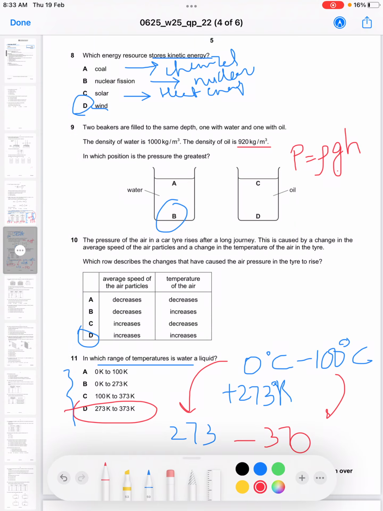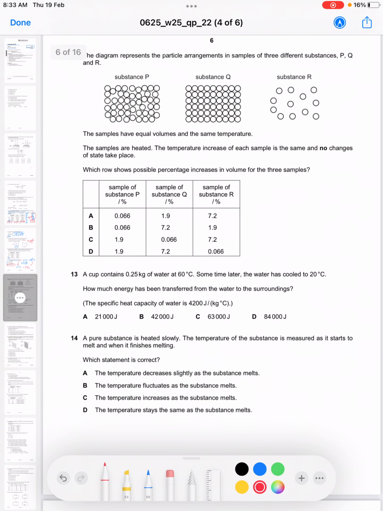Okay, now move to question number 12. The diagram represents the particle arrangement of a sample of three substances P, Q and R. You can see the spacing like this.